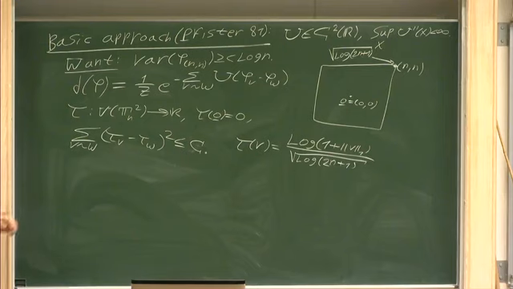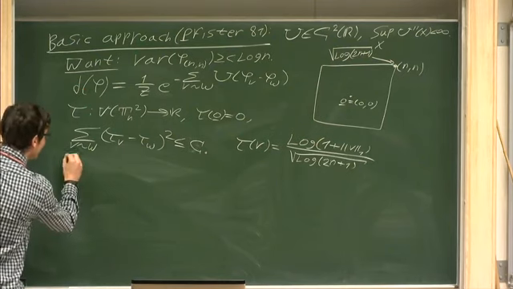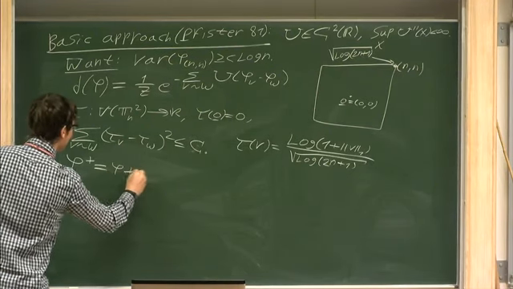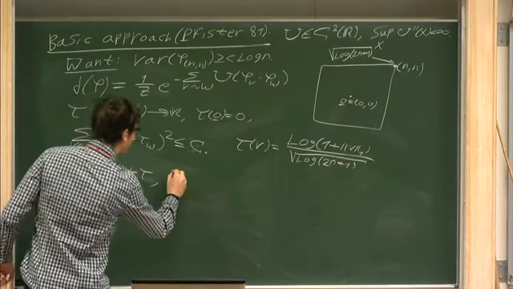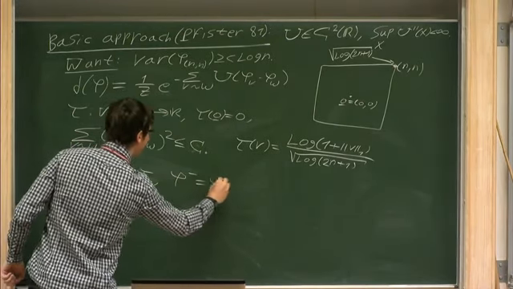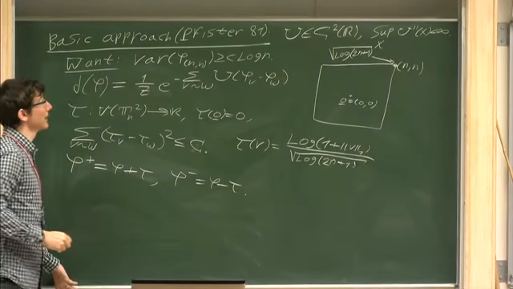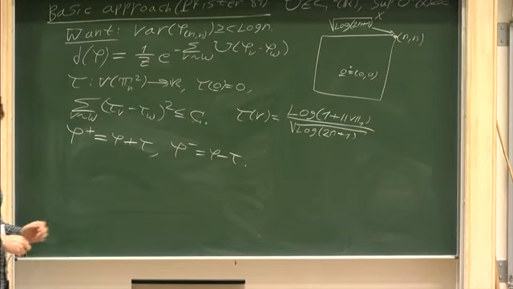Okay, and now, given a particular function phi, a particular configuration of my system, let me define two others. Phi plus is going to be phi plus tau. Phi minus is going to be phi minus tau. And now let me tell you a simple calculation.